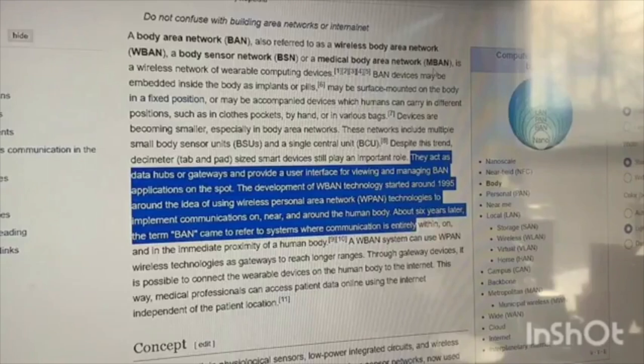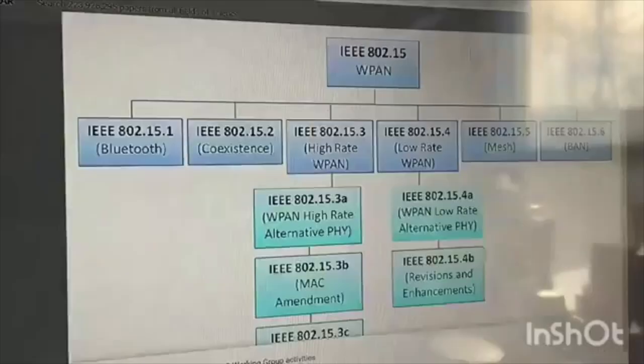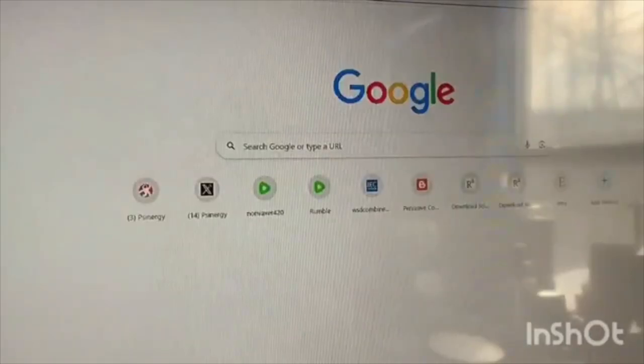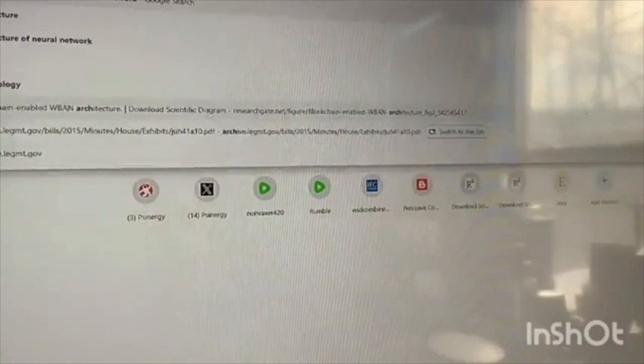Medical body area network is a form of the wireless body area network. The intra-body area network communication, as referenced here in 802.15.4, is intra-body area networking. What do I mean?